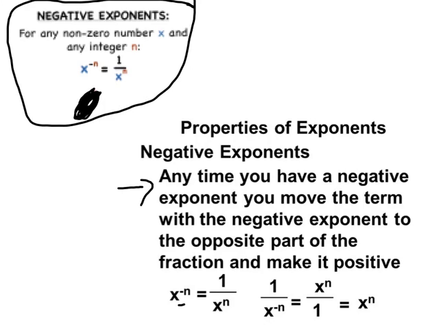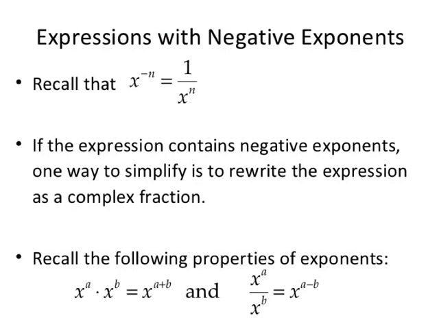If you've got 1 over x to the negative n, like here, if you bring that up, it makes it positive. Okay? We remember that x to the negative n means the same thing as 1 over x to the positive n.